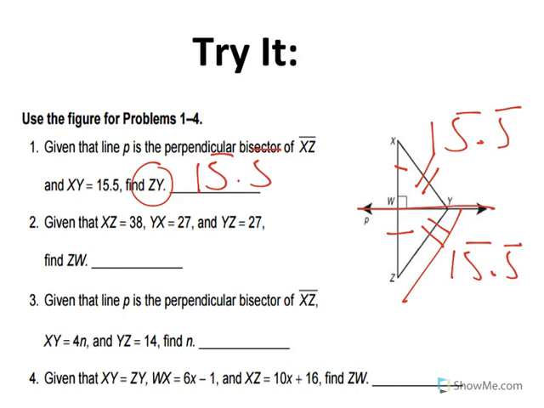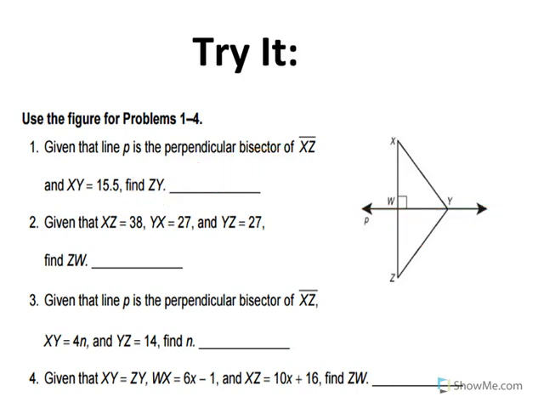Let's go on to number 2. Given that XZ is 38, so the distance from X to Z is 38, and XY is 27, and YZ is also 27.